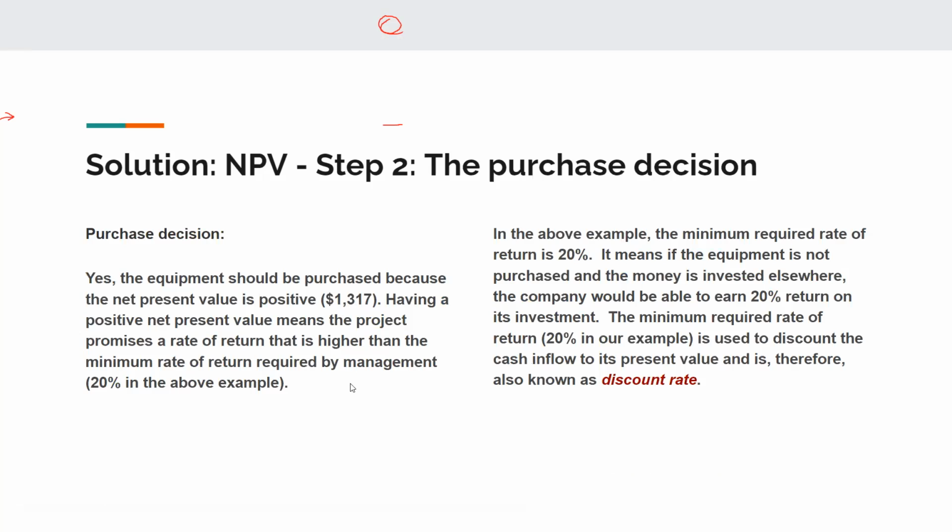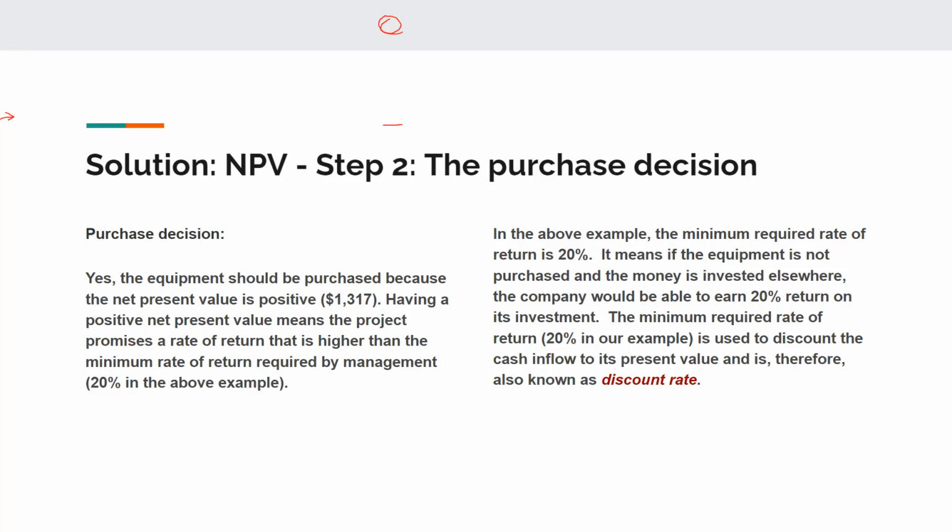However, the positive NPV shows that the project promises a rate of return that is higher than the minimum rate of return required by management, which was 20%. That was the minimum rate of return required by management.